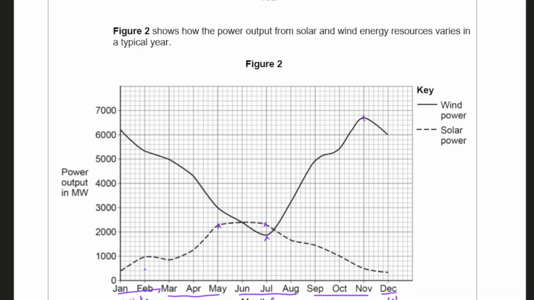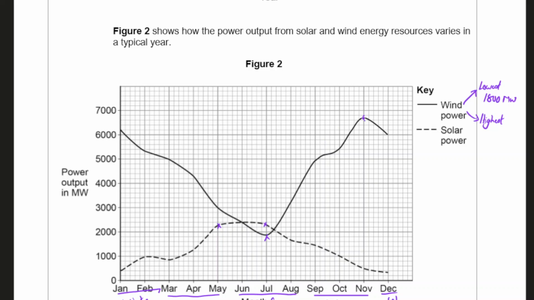Again, you can quote values from here. The lowest for the wind is in the summer and the highest is in the winter. The lowest is 1,800 megawatts.